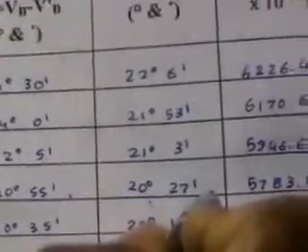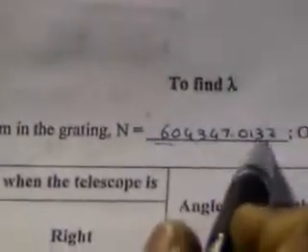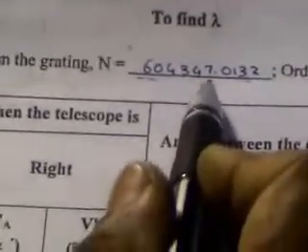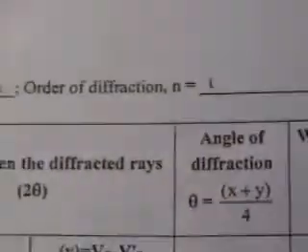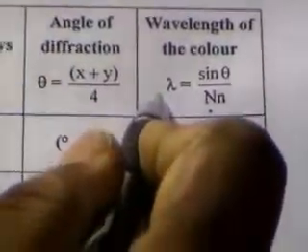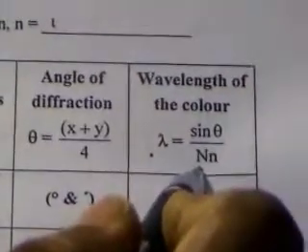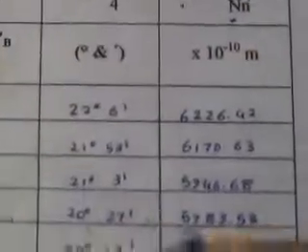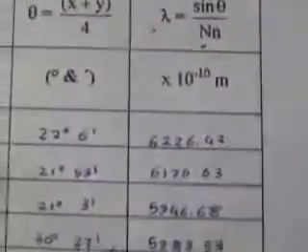So there we calculated N. Now we calculate lambda by substituting the value of N. You can see the N value is written down now as 604347 lines per meter, and order of diffraction is 1. In a similar way in which we calculated N, we calculate lambda now for LO2 by substituting the N value, and that is obtained, in this case for LO2, as 5783 into 10 power minus 10 meters.